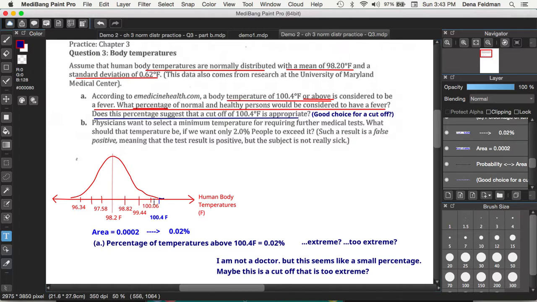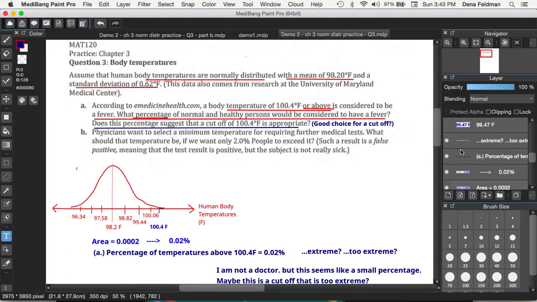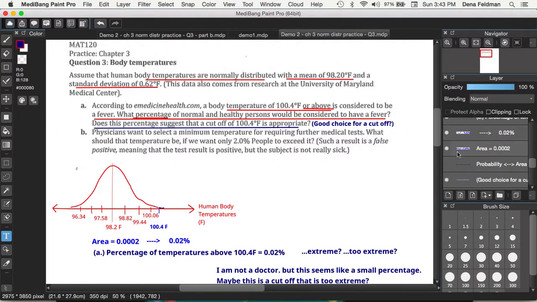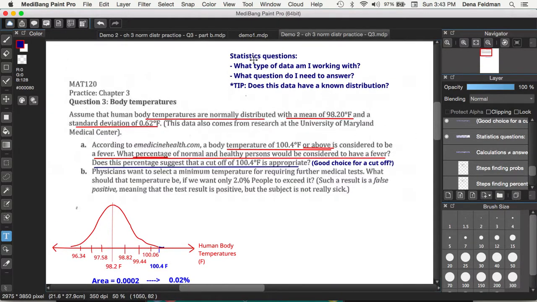And now, coming back to that question I said at the beginning, what is useful for answering questions like this, question 3, part A? Well, questions that you'd ask yourself as a statistician. For any question like this, you want to ask yourself: what type of data am I working with?